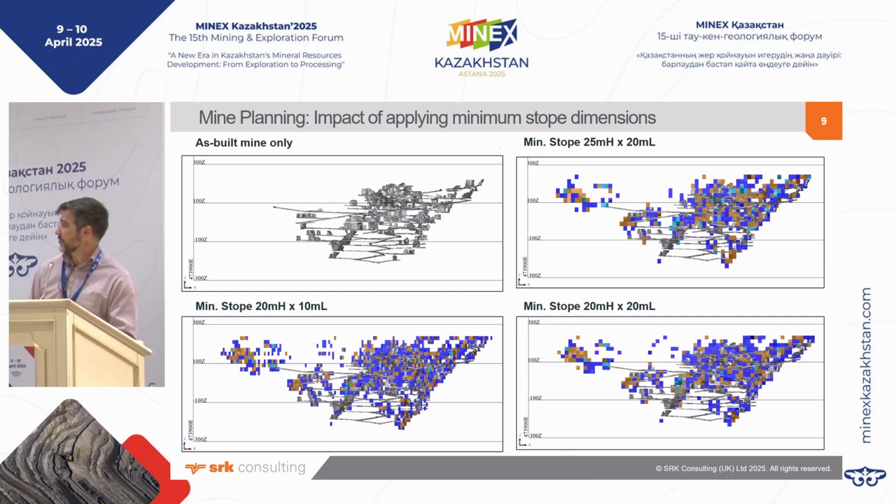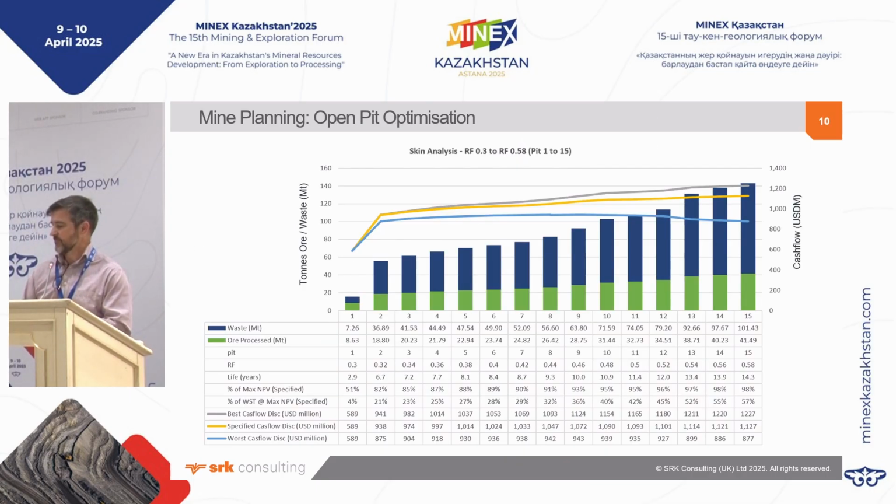Okay, so when we take it to this step, we already have our NSR values estimated within the block model, and we start to apply practical mining dimensions to that. For an open pit assessment, we'll take the block model and apply a regularization process so that we have practical selective mining units, minimum shape sizes that can be excavated within an open pit.